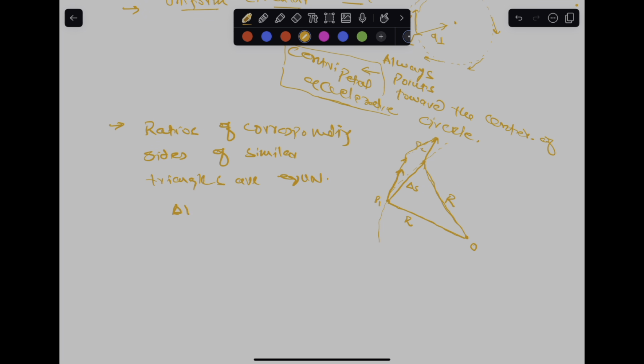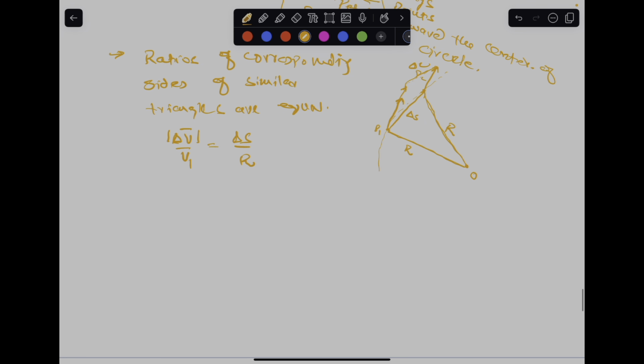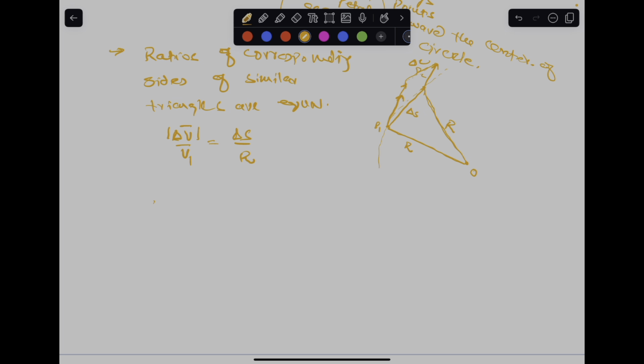So del V over V1 is equal to del S over R. So we define our average acceleration.